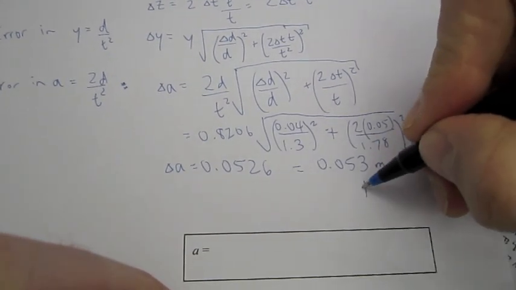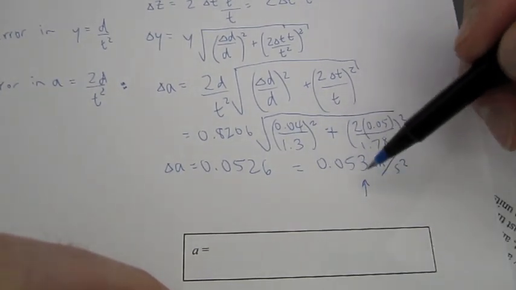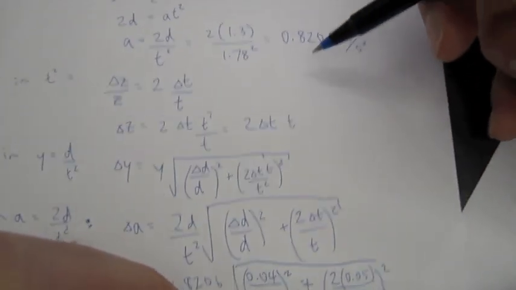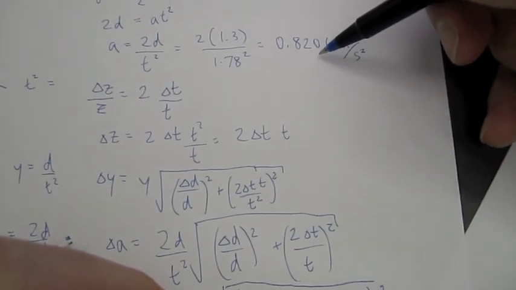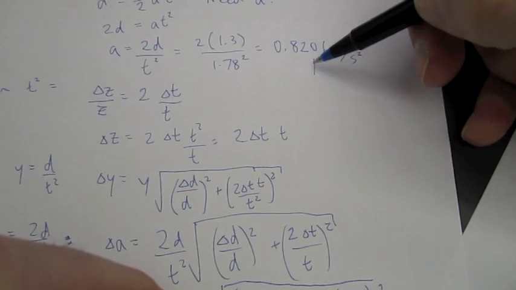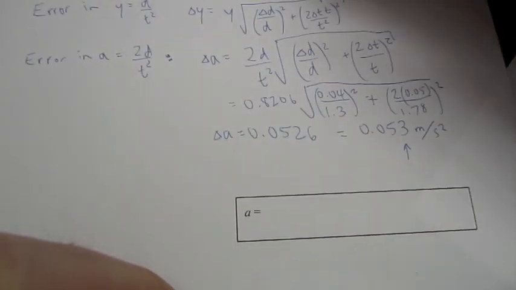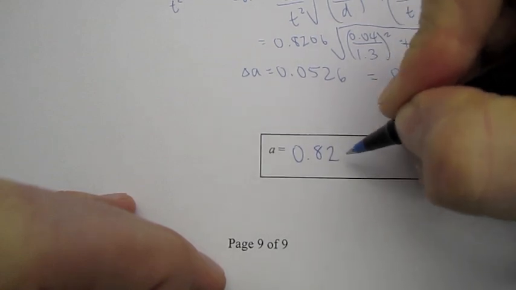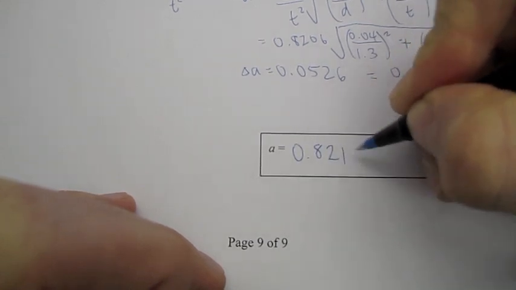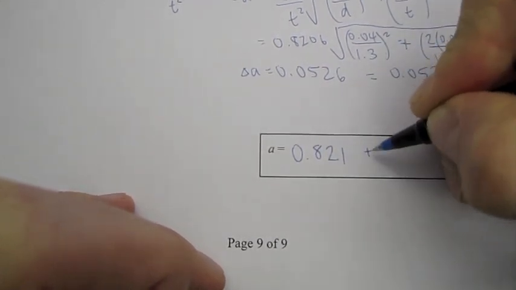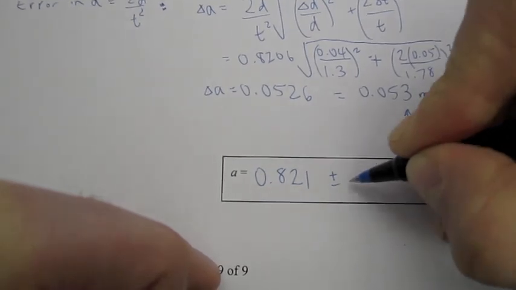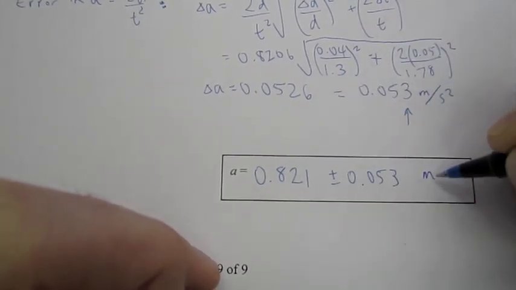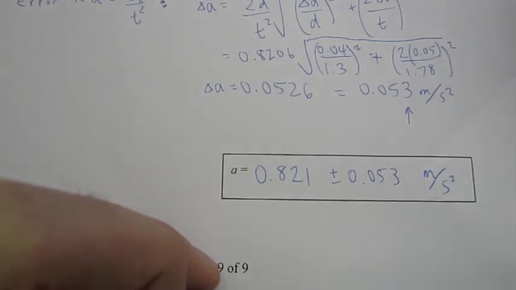So the most precise value of that is in the thousandth column, so that means that I should keep the acceleration also to the thousandth column. And so the answer is 0.82, not 0.6, but we'll round up to 1, plus or minus 0.053, and don't forget the units is meters per second squared.